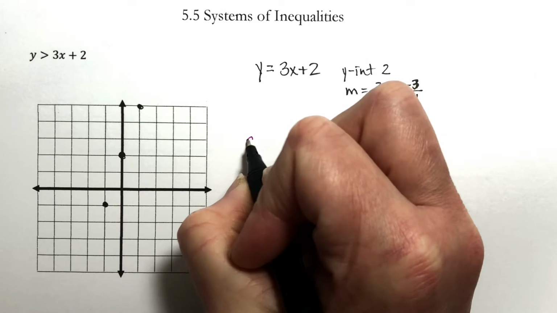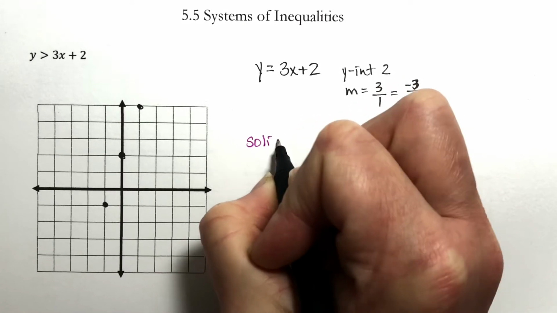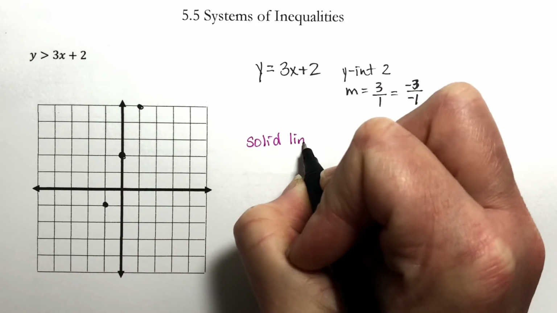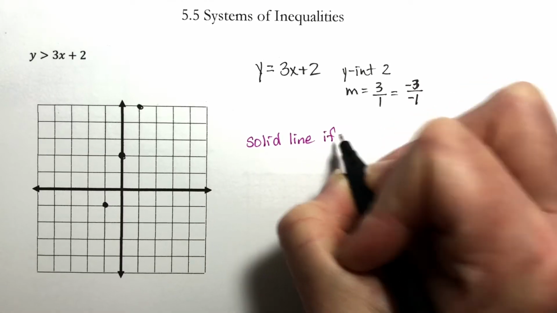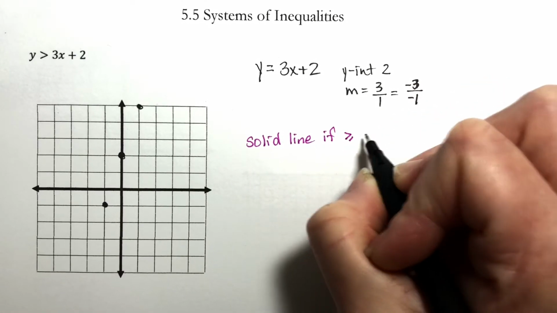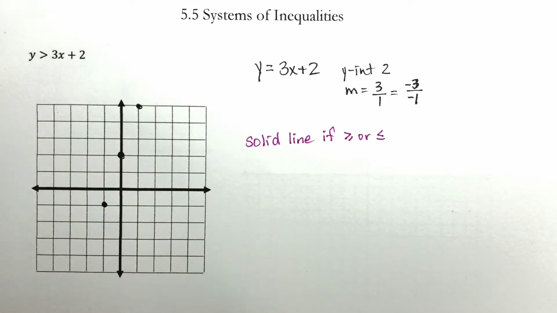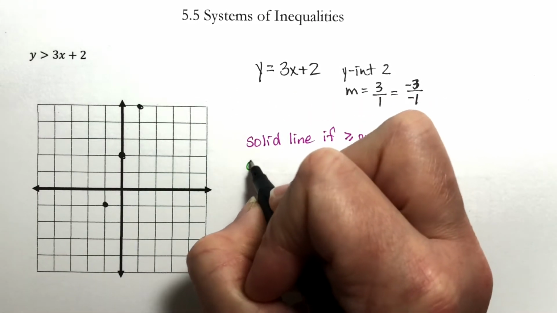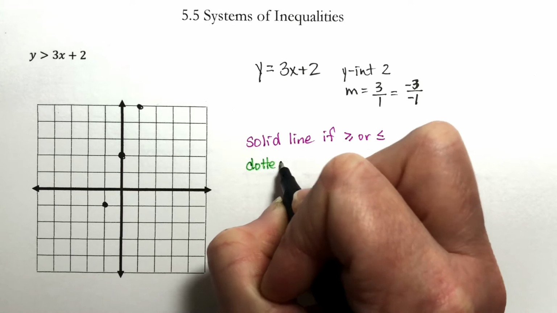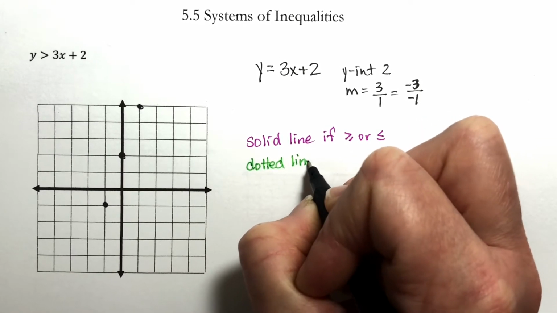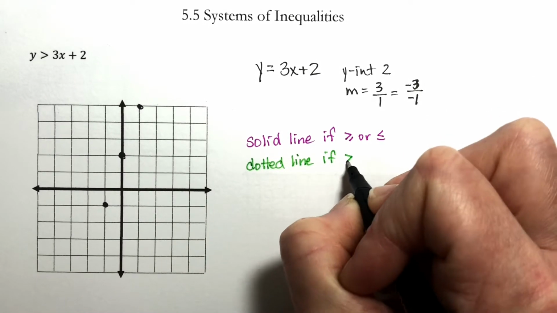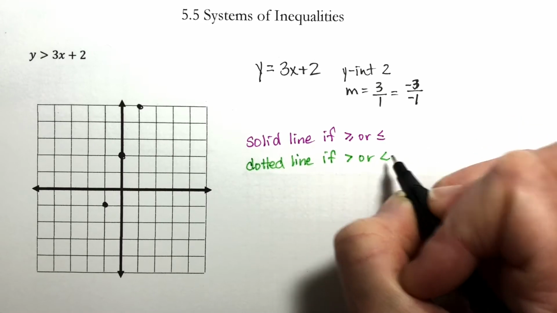We're going to have a solid line if we have greater than or equal to or less than or equal to. And we are going to use a dotted line if we have greater than or less than.